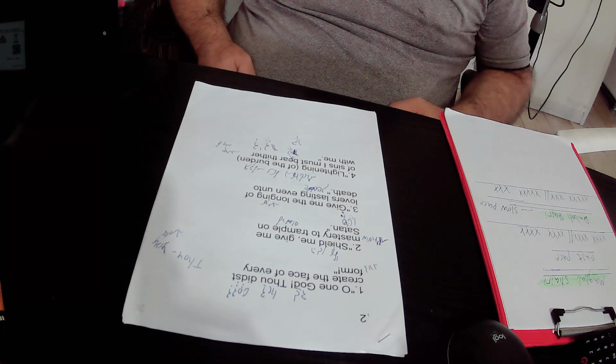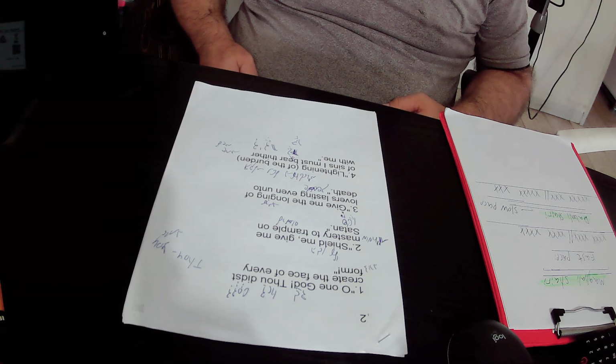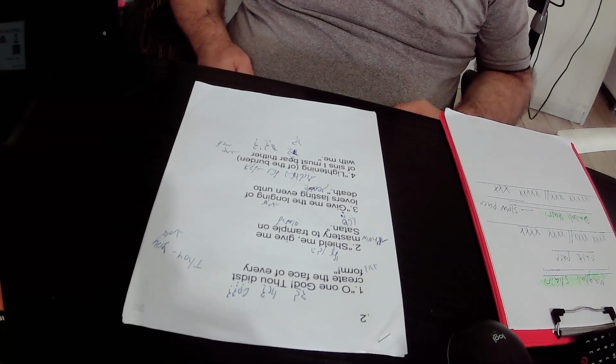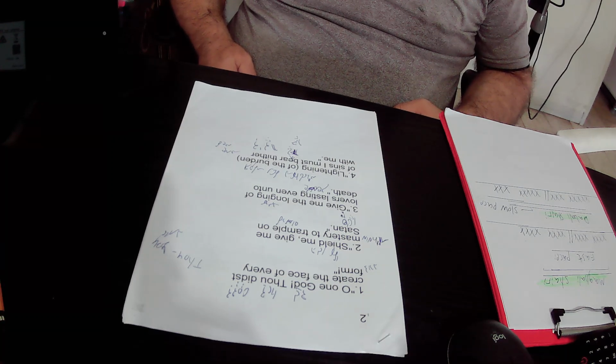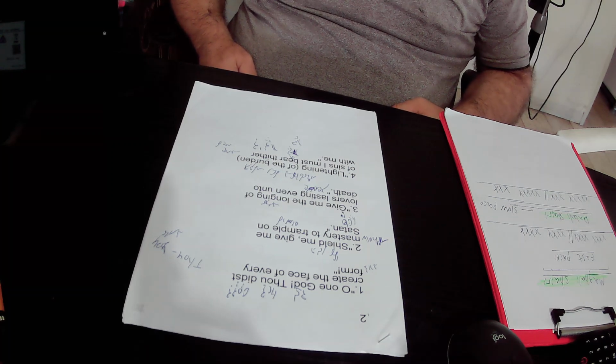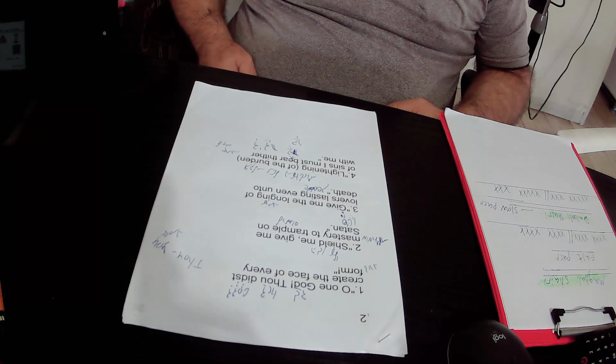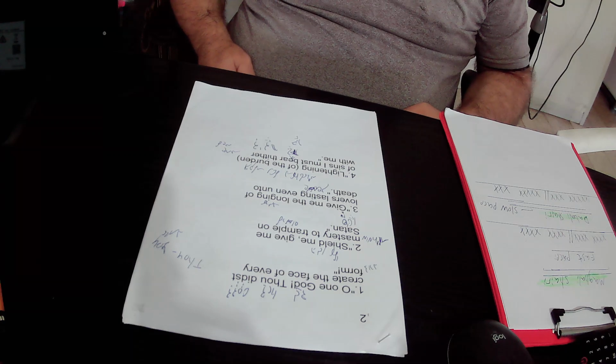The poet asks from God that God should protect him from Satan, and he also asks from God that God will give him the longing of lovers lasting until the death, and also he asks from God that God should lighten his sins.